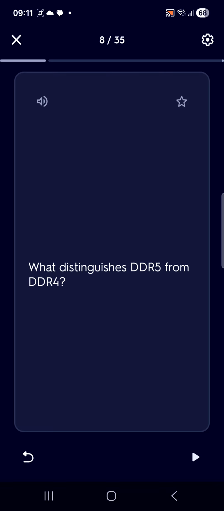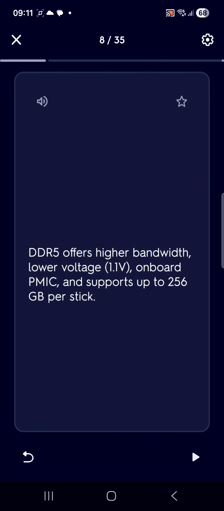What does PMIC stand for? It stands for Power Management Integrated Circuit. Okay, and it supports up to 256 gigabytes per stick.